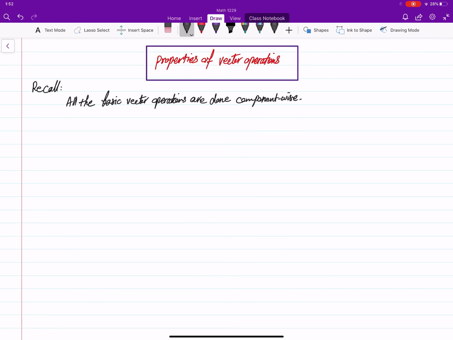And what does it have for us when we're trying to study the properties is that, for example, when you have u plus v, this is u1, u2 plus v1 and v2, then you know that it is component wise, meaning that u1 plus v1 will give us the first component, u2 plus v2 will give us the second component.